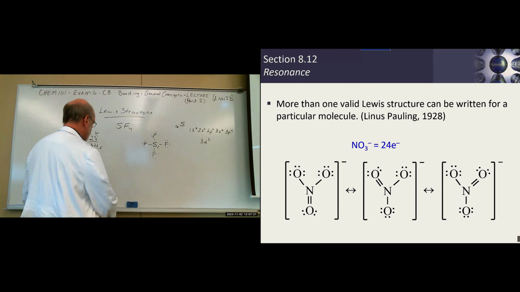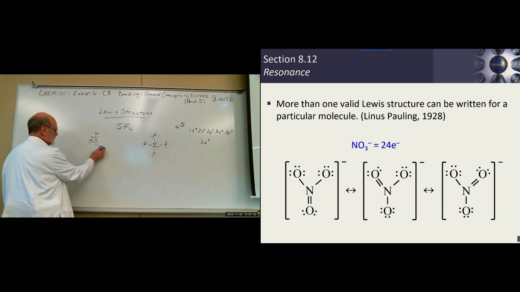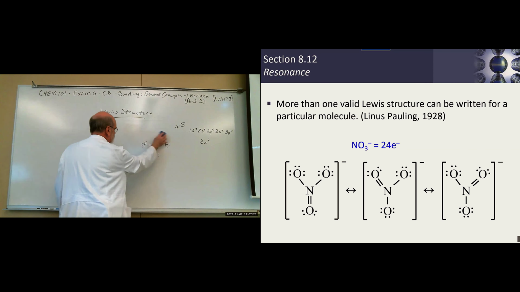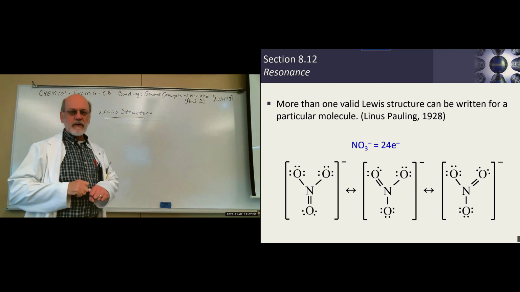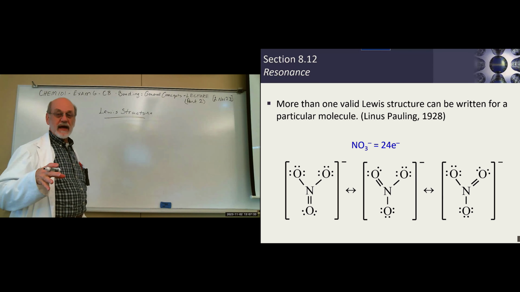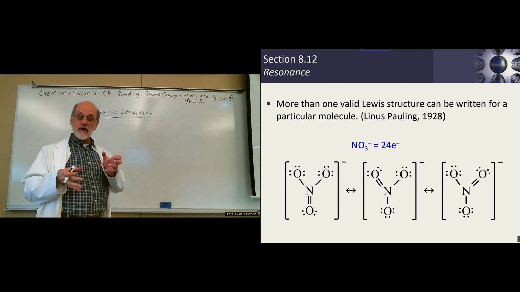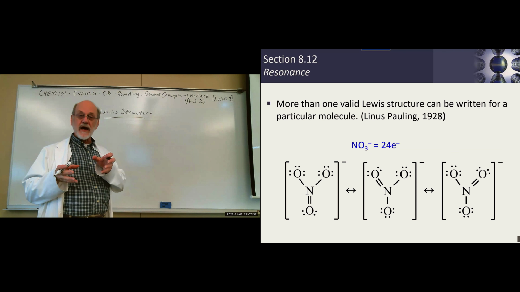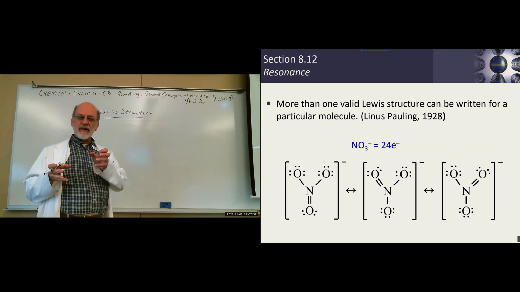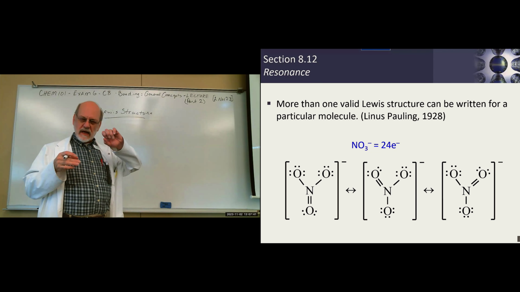All right, here's another problem. First of all, nitrate is a polyatomic ion, and you can draw Lewis dot structures for polyatomics. But we've only shown you Lewis dot structures that had single possibilities. There were no other possibilities.